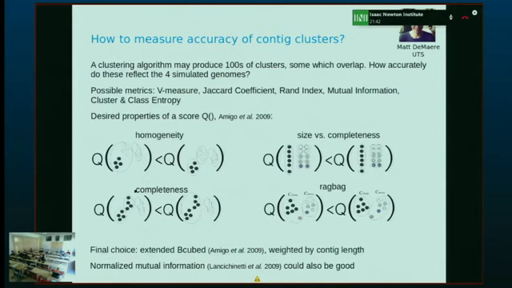It favors more complete clustering, so you want all of the elements in a single cluster if possible. It tends to favor smaller sets of clusters with fewer clusters in them. And it supports this notion of a rag bag, which is this idea that if you've got a bunch of random elements that you can't cluster very well, rather than spreading them among a bunch of other clusters, you'd like to lump them all into a single ragtag, effectively.